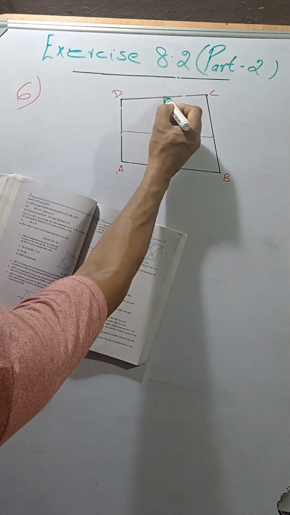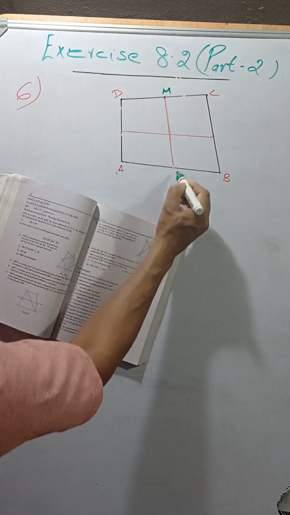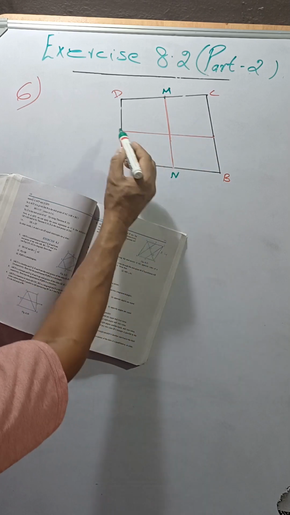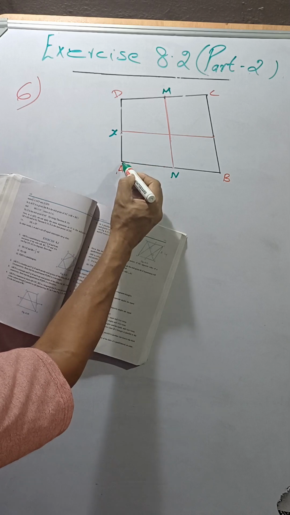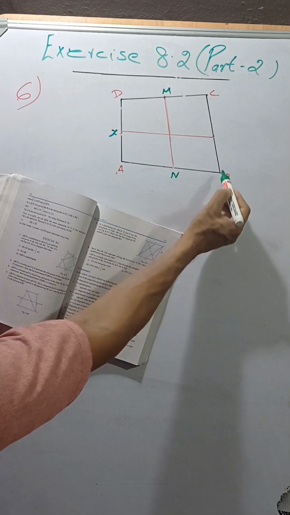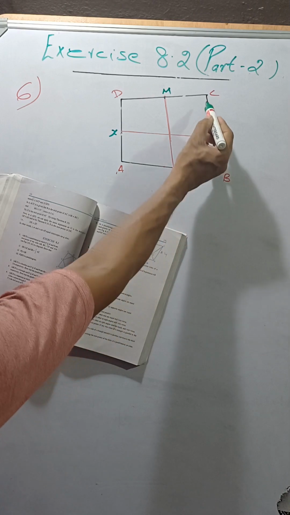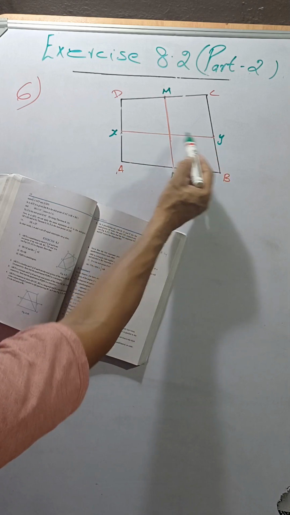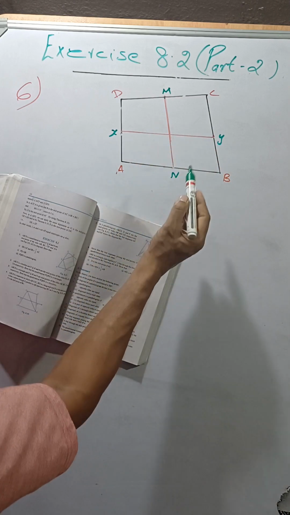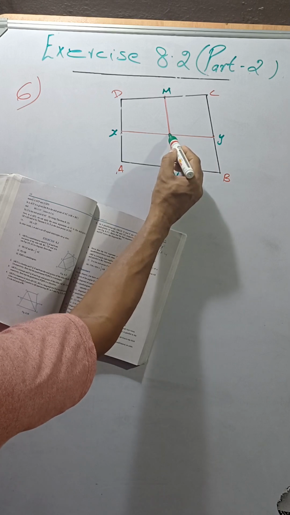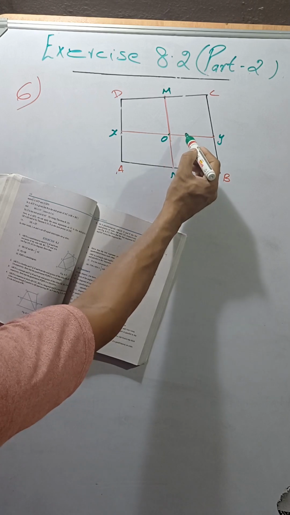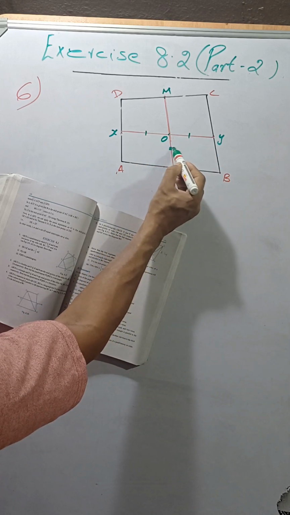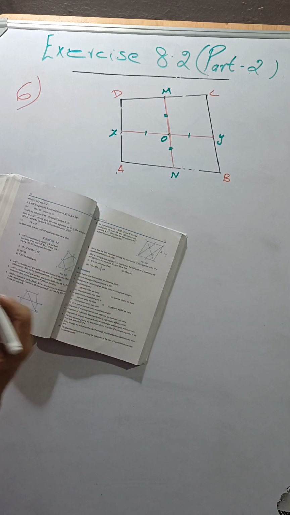Here let's mark this. M is the midpoint of CD, and N is the midpoint of AB. We join MN like that. X is the midpoint of AD and Y is the midpoint of BC. Then we have to prove that these line segments bisect each other, where the point of intersection is O. XO and OY are equal, and like that ON and OM are equal.